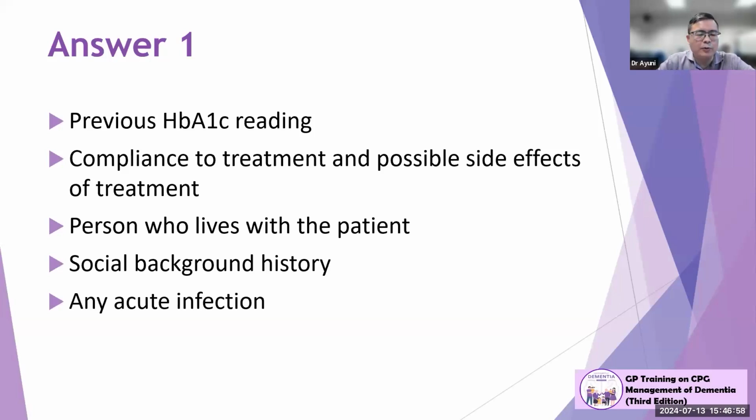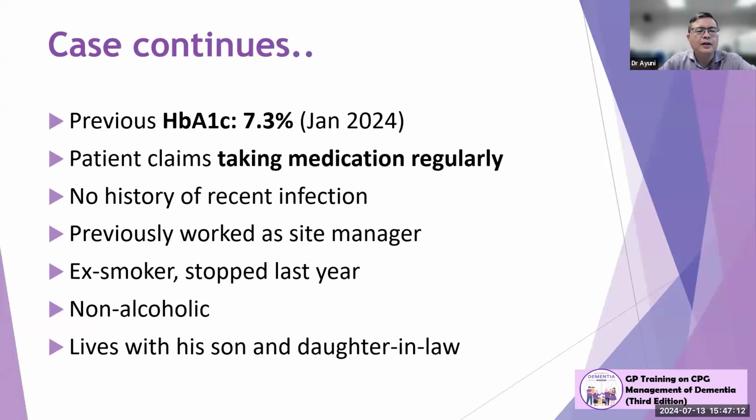And also we need to rule out any acute infections that are going on for the elderly patient, because they very commonly get chest infections as well as urinary tract infections. As the patient is diabetic, the previous HbA1c was 7.3, earlier this year.